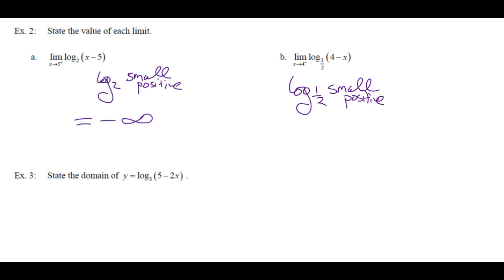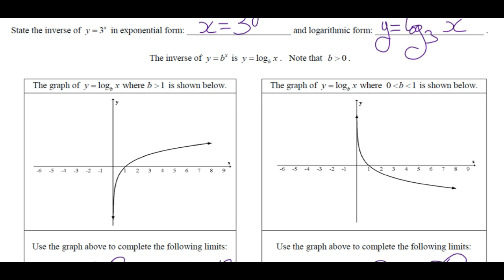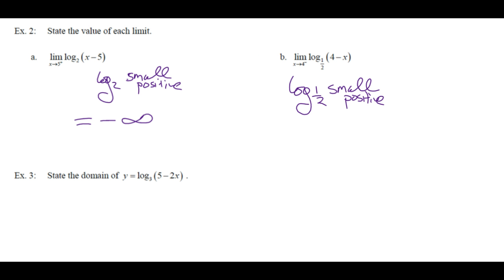So now we have to think, what does log base 1/2 look like? Looks like this. So a small positive number goes where? Positive infinity. You can always graph that, and if you can't use a calculator, you're actually going to have to know some stuff. So which is infinity.